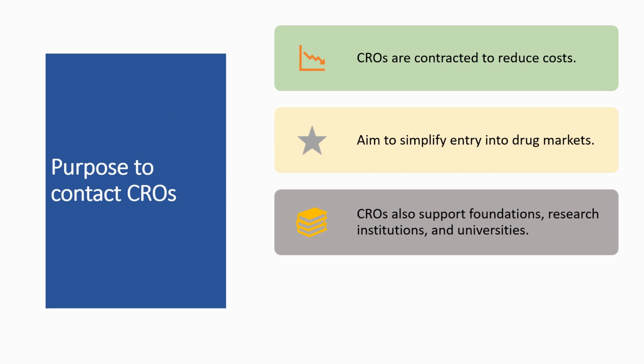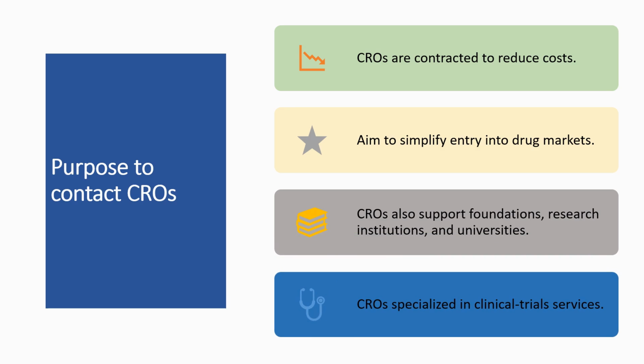CROs also support foundations, research institutions, and universities, in addition to governmental organizations such as NIH, EMA, etc. CROs that specialize in clinical trial services can offer their clients the expertise of moving a new drug or device from its conception to FDA or EMA marketing approval without the sponsor having to maintain a staff for these services.